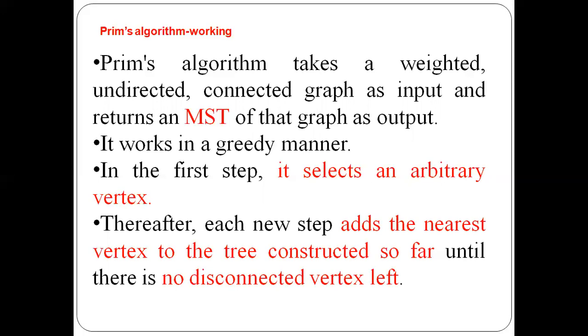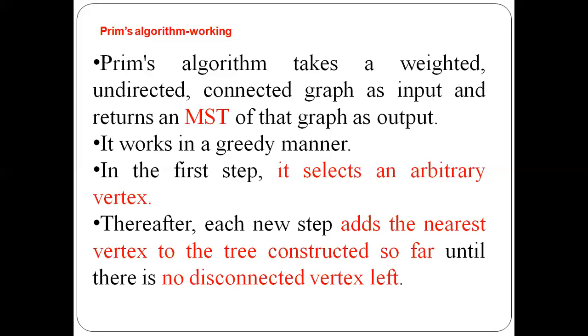How does it work? In the first step, you select any vertex from the given graph. Because at the end, in the minimum spanning tree, you need all the vertices, so definitely you can start from any vertex. So I am starting with a specific vertex. Thereafter, in each new step, add the nearest vertex to the tree constructed so far.